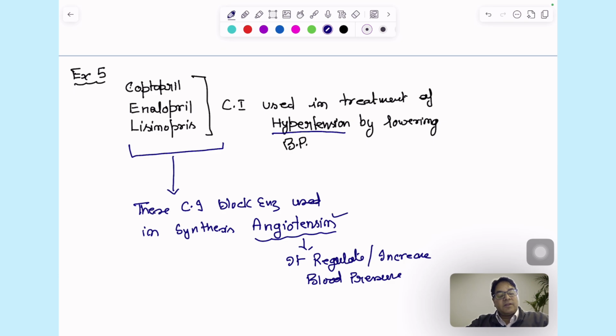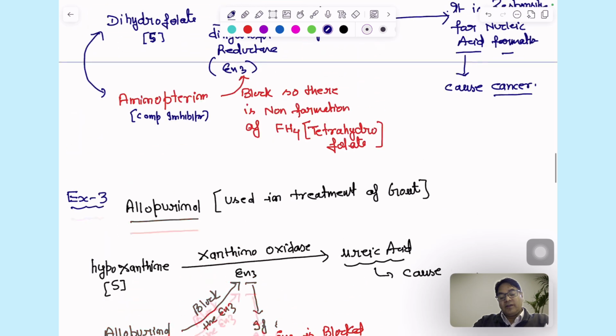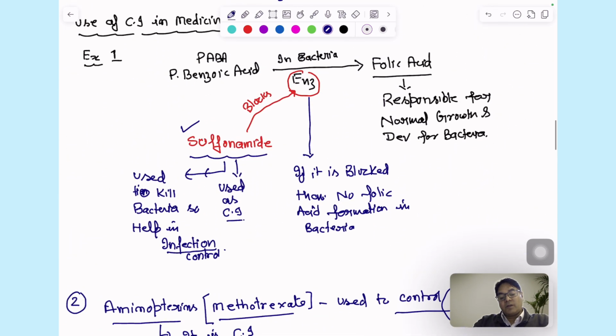So if you block the synthesis of angiotensin by blocking the enzymes used in its formation, then the BP can be pulled down, and we can get rid of the hypertension. So these are the examples of competitive inhibition which are used in medical science to combat certain disorders, diseases or abnormalities of the body.